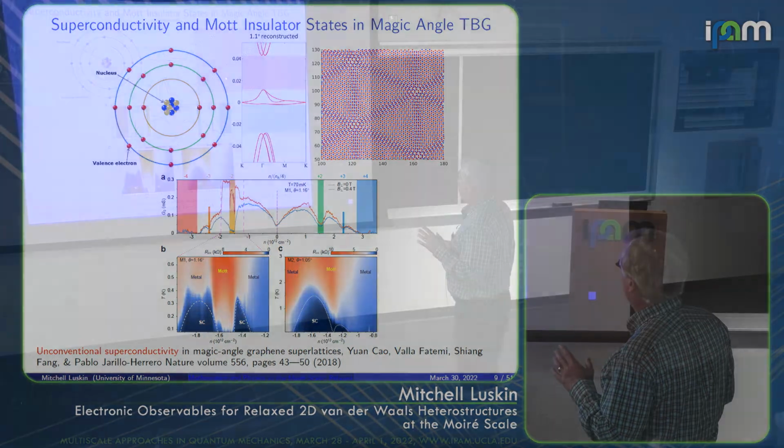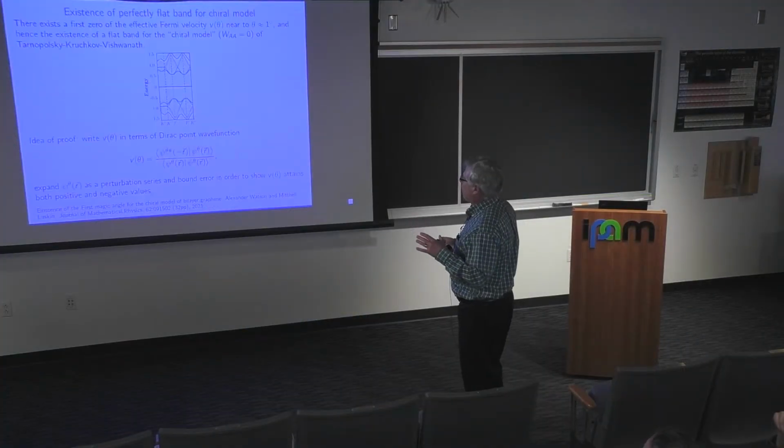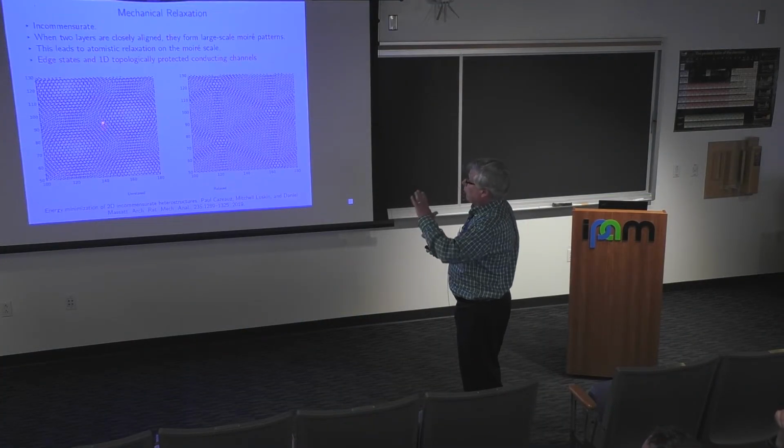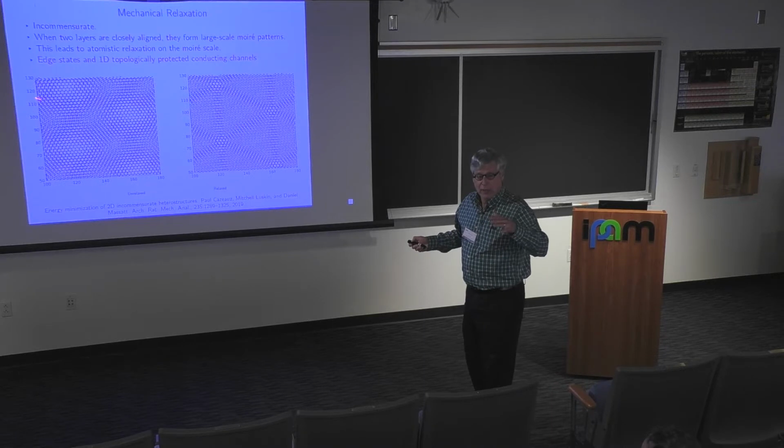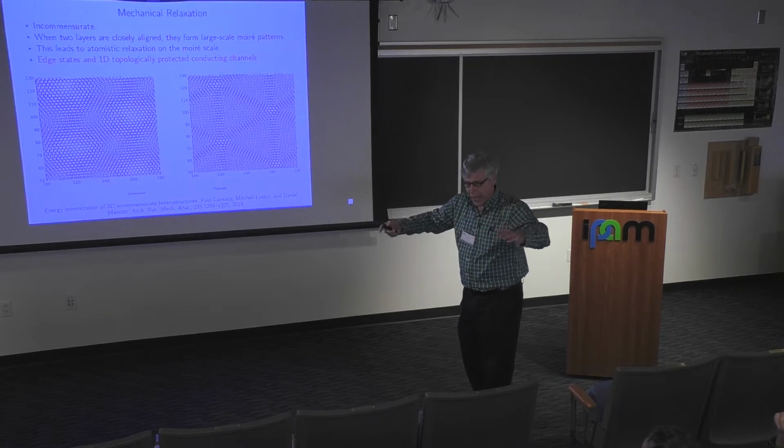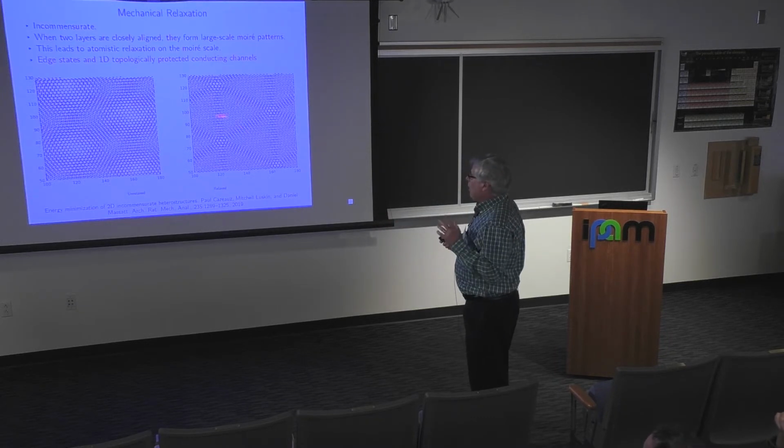What's really neat here is that this is just one hexagonal lattice slightly twisted on another, and this is the relaxed structure. When you want to construct the band structure, you really want to let the atoms mechanically relax. I'll talk about that. So this is really your unit cell.